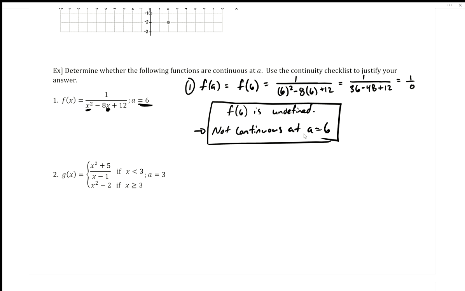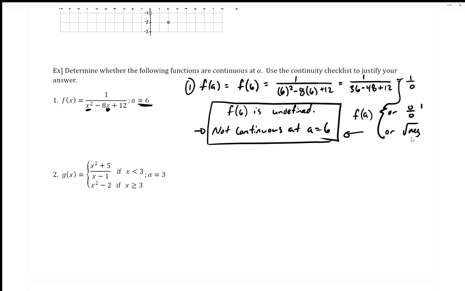The other types of undefined are 1 over 0, 0 over 0, or a negative inside of a square root. If we're trying to do f of A, whatever it is, and we get one of these three, then instantly it's not continuous there. Now the limit might be a different scenario for those. If it's just a limit problem and not something involving continuity, then proceed.